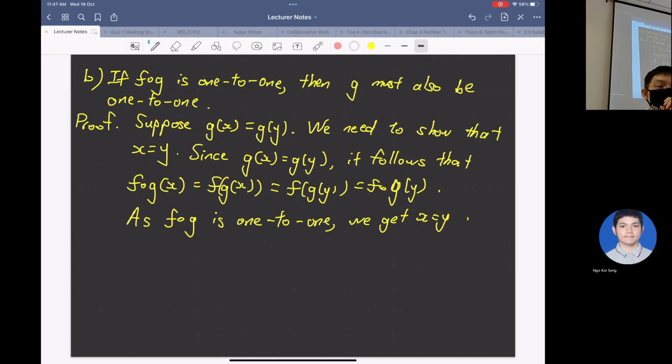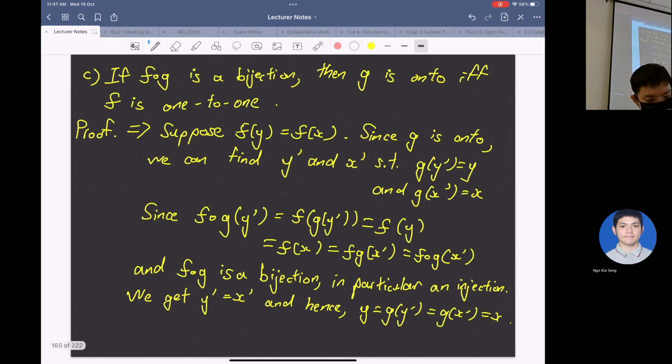They are two different questions. And then C is a different variant: if F compose G is a bijection, then show that G is onto if and only if F is onto. These arguments are not hard.